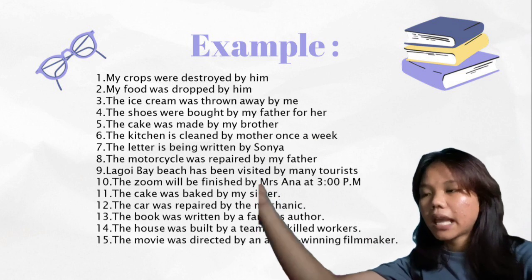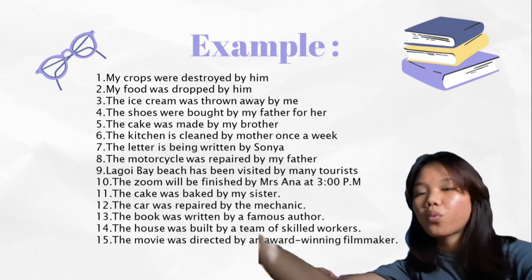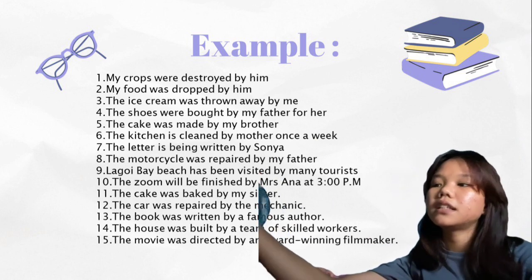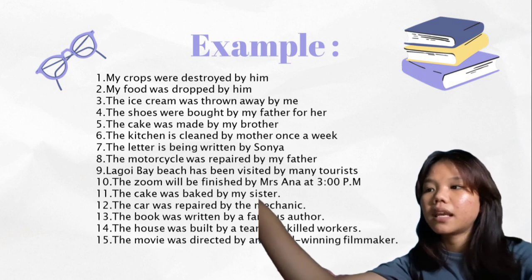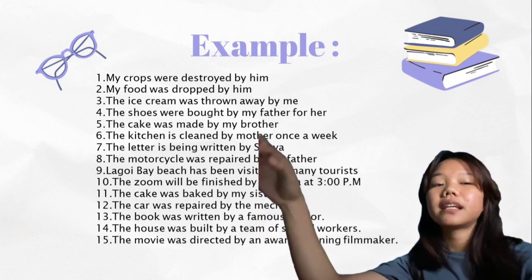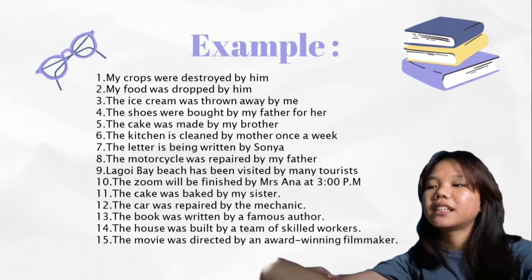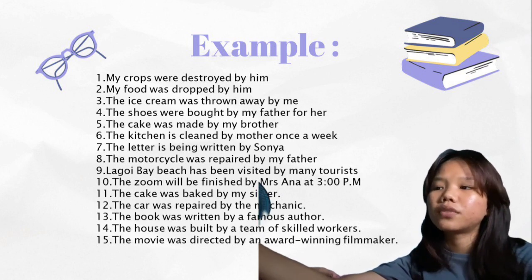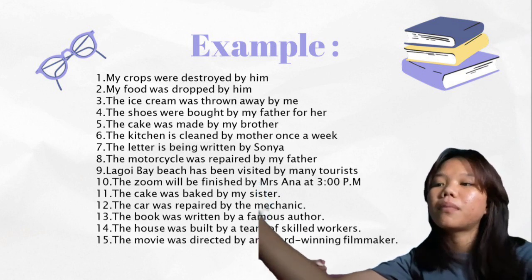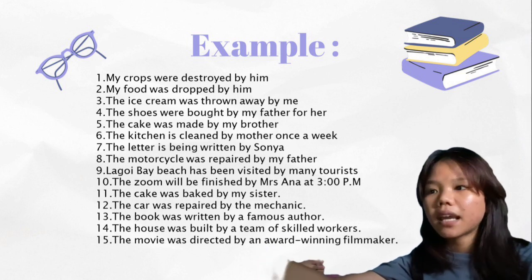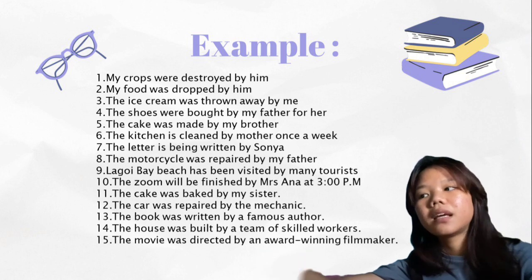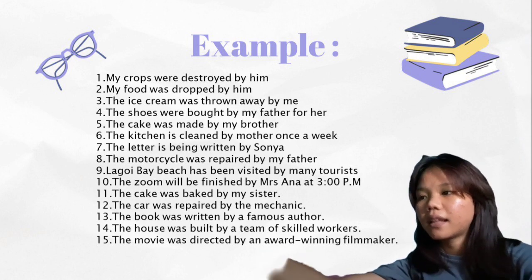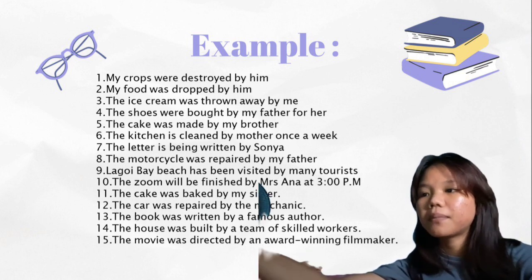6, the kitchen is cleaned by my mother once a week. The kitchen is the object of the sentence, is to be, cleaned is the verb, by my mother is the subject, and once a week is an adverb of time. 7, the letter is being written by Sonia.